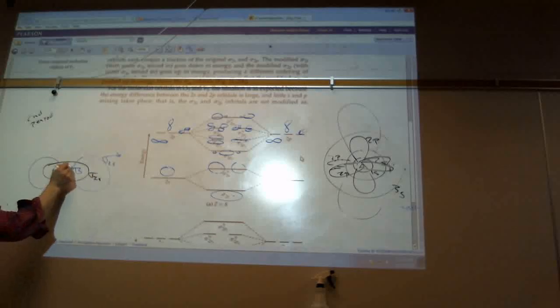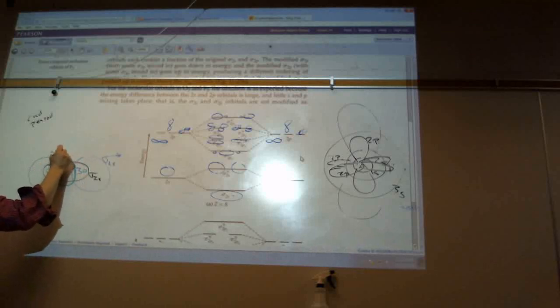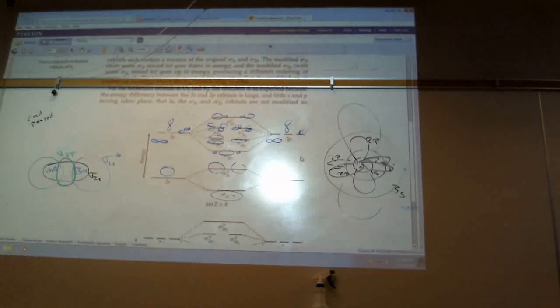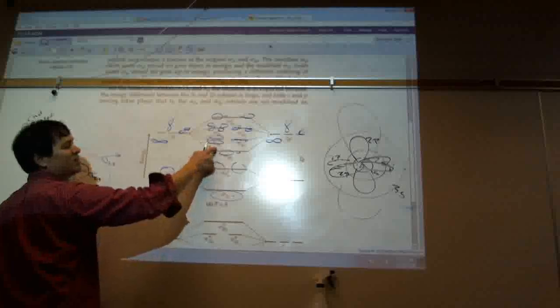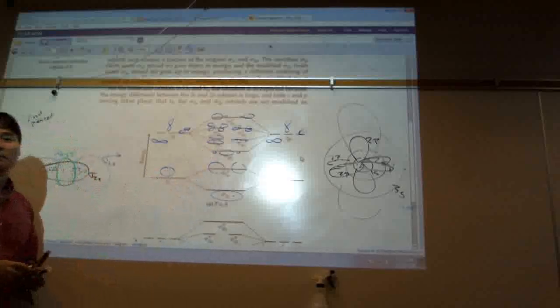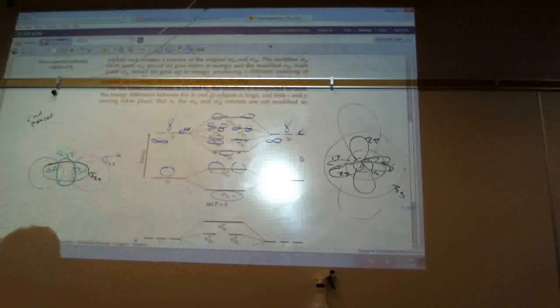The sigma 2p looks like this. And then what? The sigma 2p star. Well, sigma 2p star actually is way up there in energy. The next one is pi 2p. Okay. The pi 2p comes next.